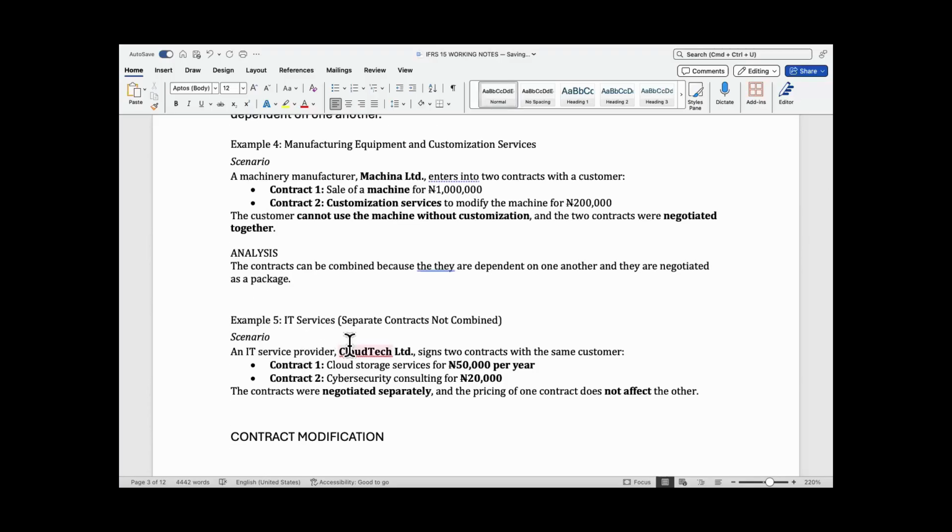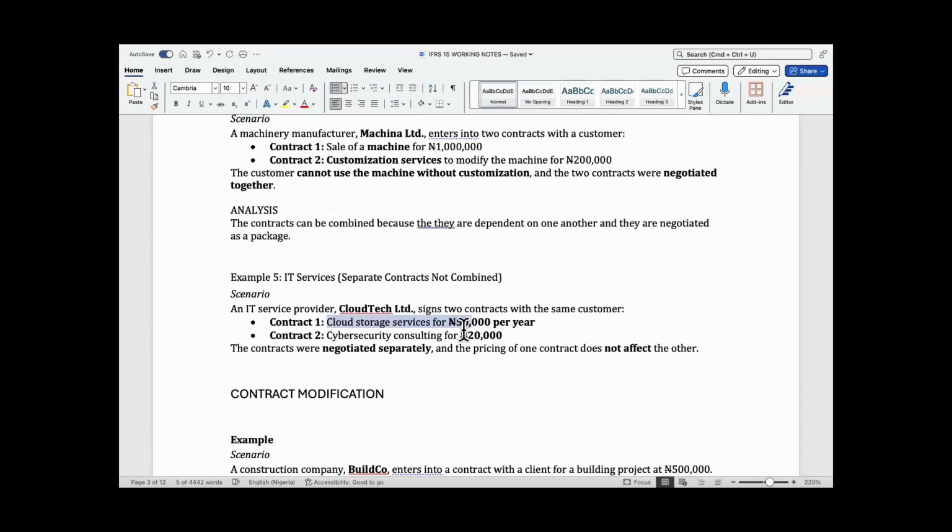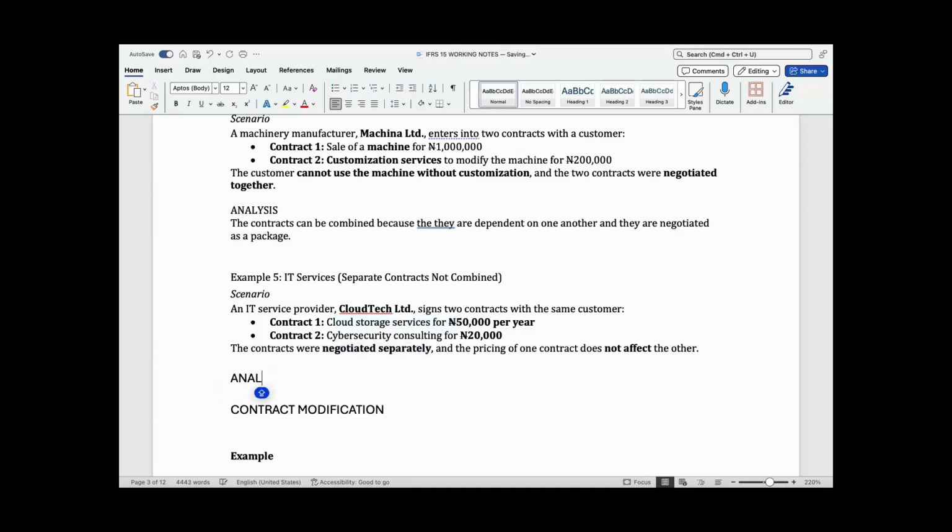And finally, an IT service provider, CloudTech Limited, signs 2 contracts with the same customer. Contract 1, cloud storage services for 50,000 per year. Contract 2, cyber security consulting for 20,000. The contracts were negotiated separately, and the pricing of one contract does not affect the other.